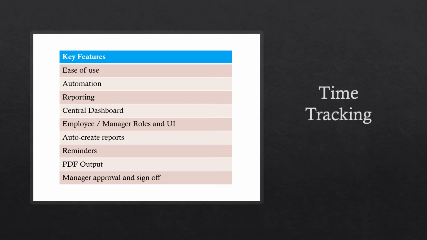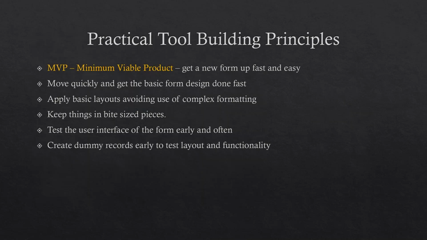In the example I'll show, that happens on a weekly basis. We certainly want email notifications and reminders. And we'd like a simple approval after an employee submits. So that's our plan. Those are the features we want to incorporate, and I'll demonstrate how they are accommodated in the tool I'm going to show.